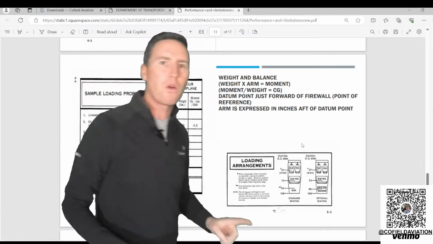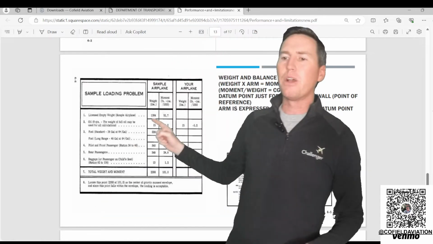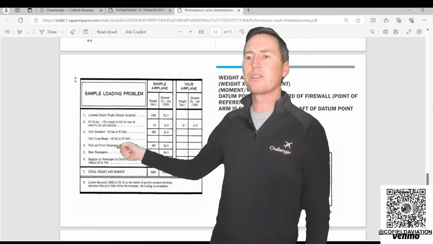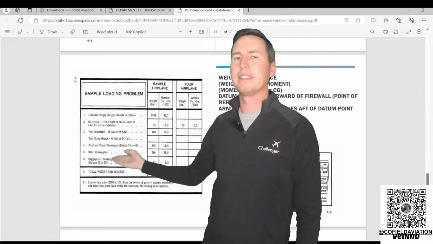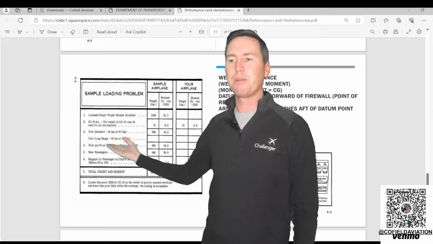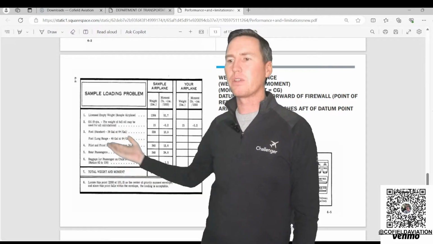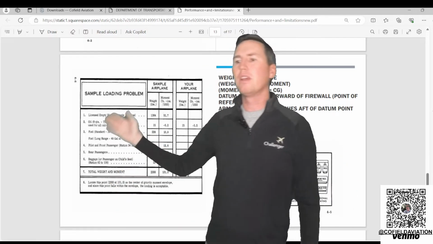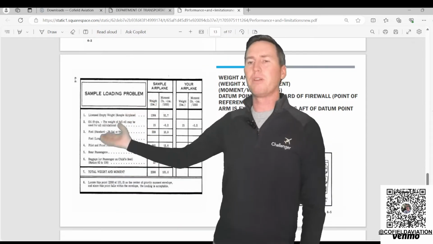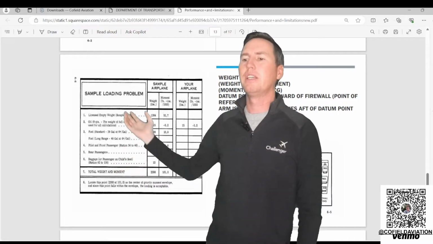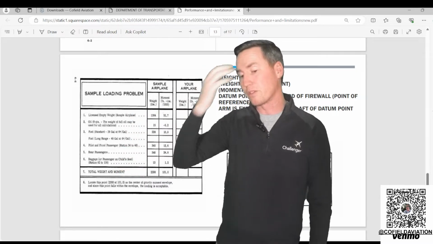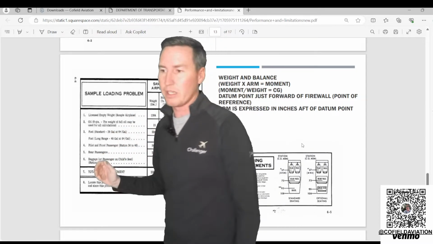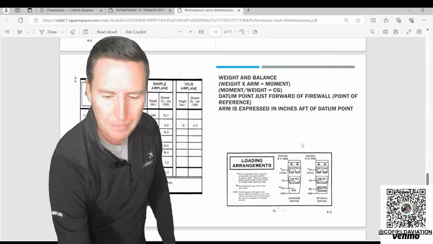So please, for your aircraft, go to your AFM and go to your sample loading problem and just work right down that, okay? Now, I've simplified it a little bit for our students. I've created our own sample loading problem, if you will. But this is our sample loading problem in our POH. And again, just look in your AFM or your POH to determine that, okay?